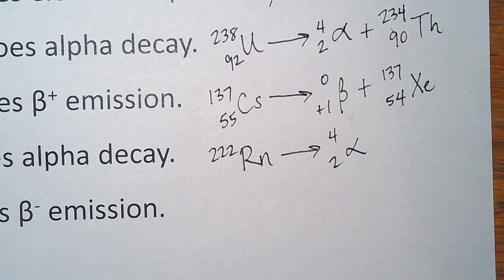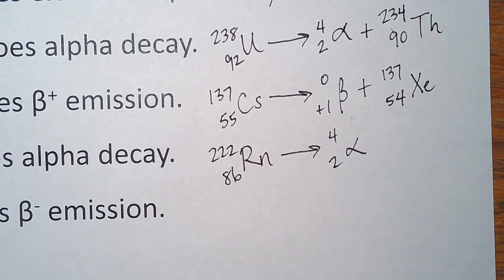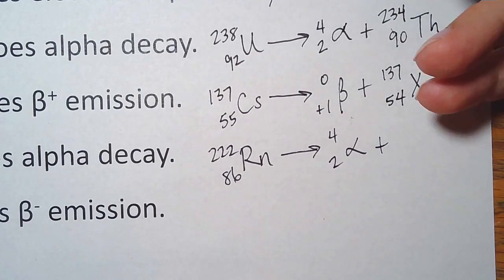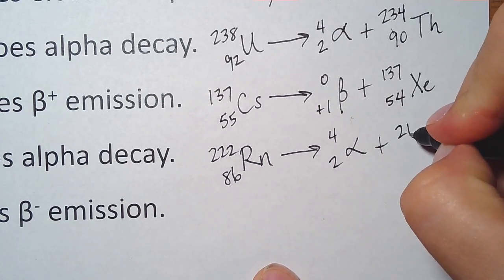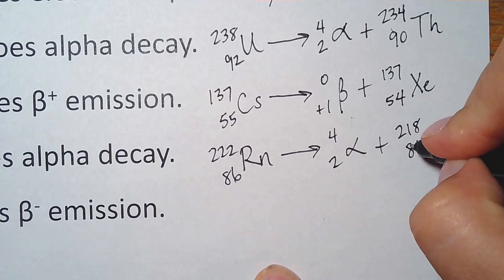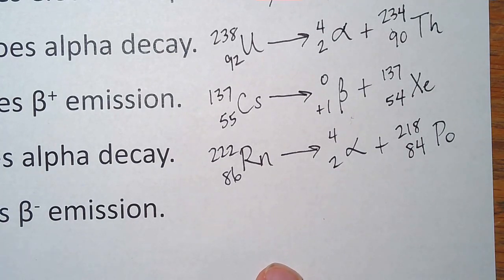Radon has 86 protons, so undergoing alpha decay, we're losing total 4 mass, so 218, and 2 protons, so we're down to 84, and this would be polonium. So polonium would be the isotope we have left.